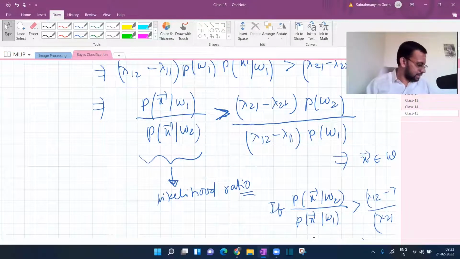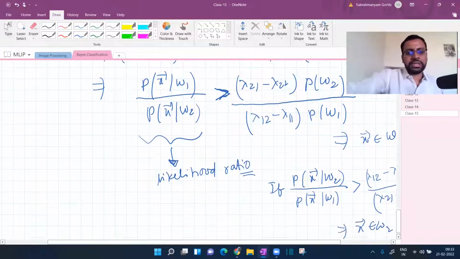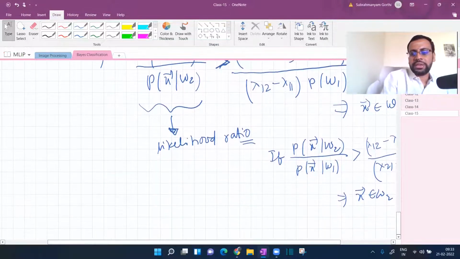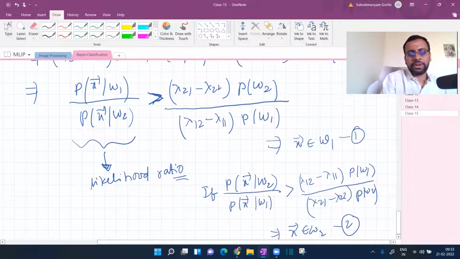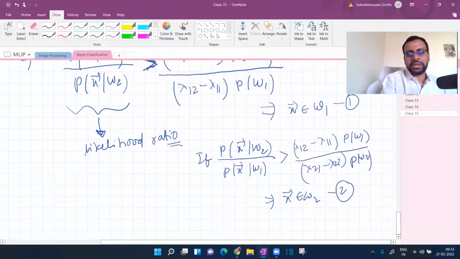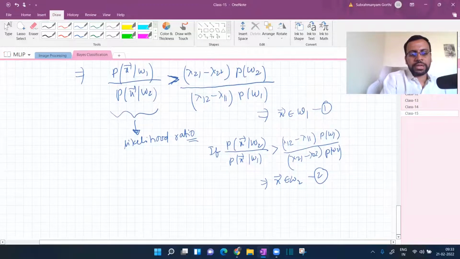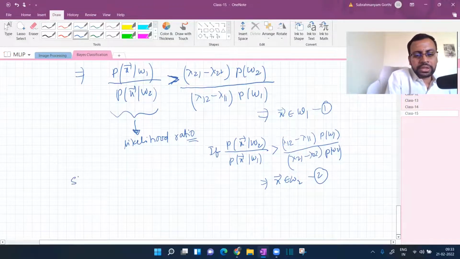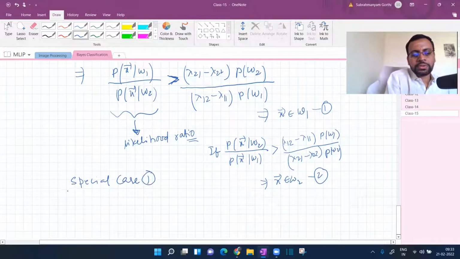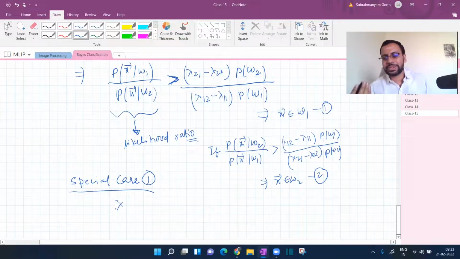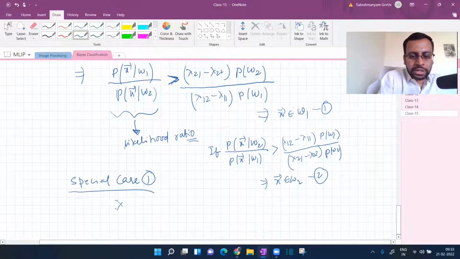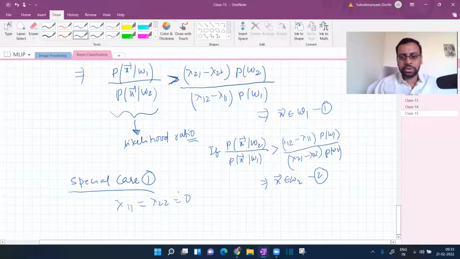Now, let's consider some special case here to further analyze this equation. If everyone is with me, I'll take a special case here, and I hope even if I made it small, you could still see that. Let's take special case 1, where I would assume, to get some interpretation of this equation, lambda 1 equal to lambda 2 equal to 0.